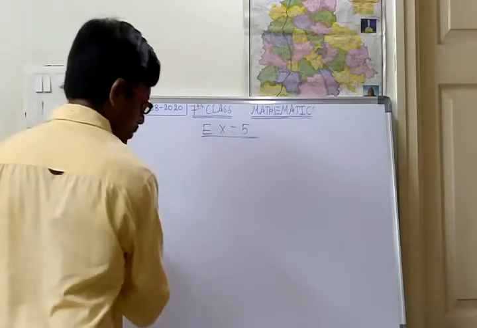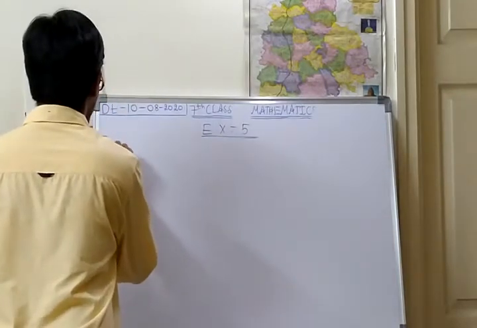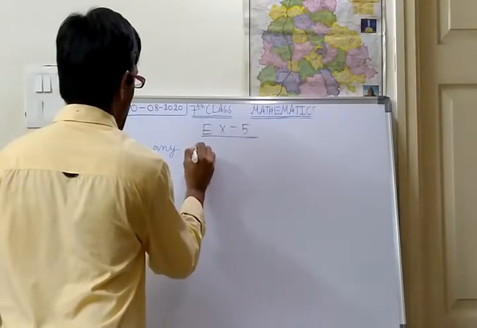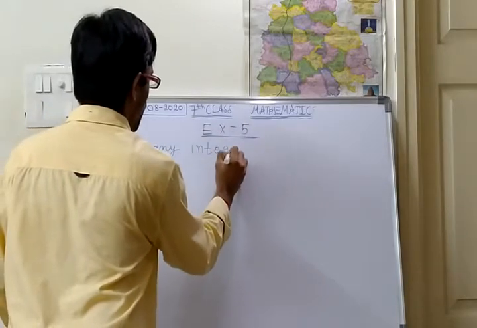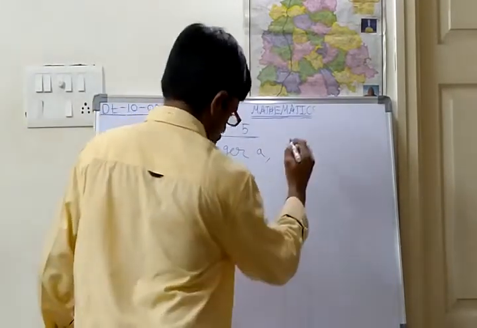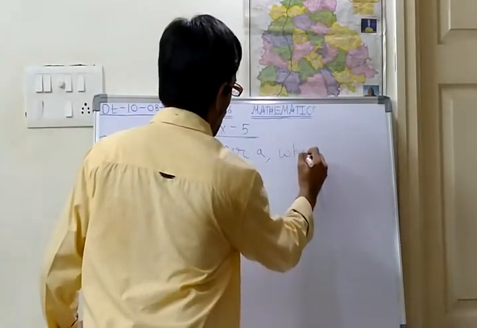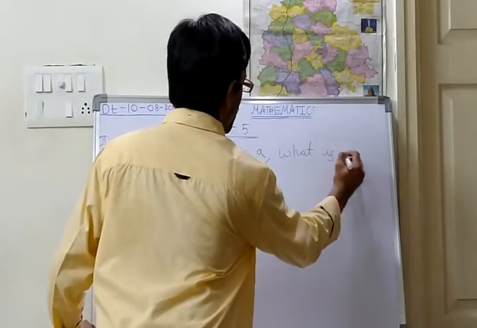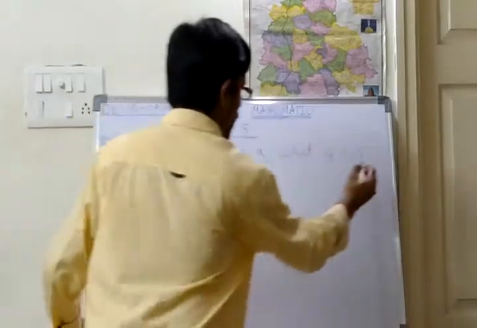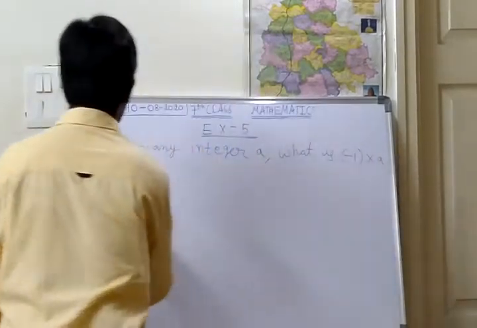So what is the second bit? In the second bit, the first one: for any integer a, what is minus 1 into a equal to?